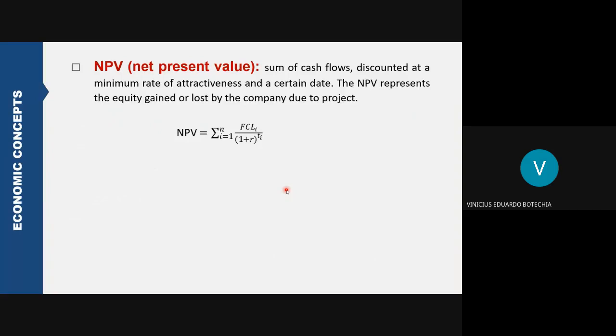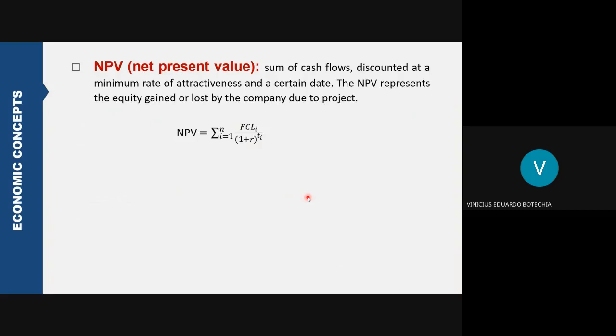So the most common economic indicator that we use in production strategy selection is the net present value. That is nothing more than the sum of the cash flows, but bringing them to the present date, right, through a discount rate. So it's the sum of cash flows, the value of the time brought to the present, right?